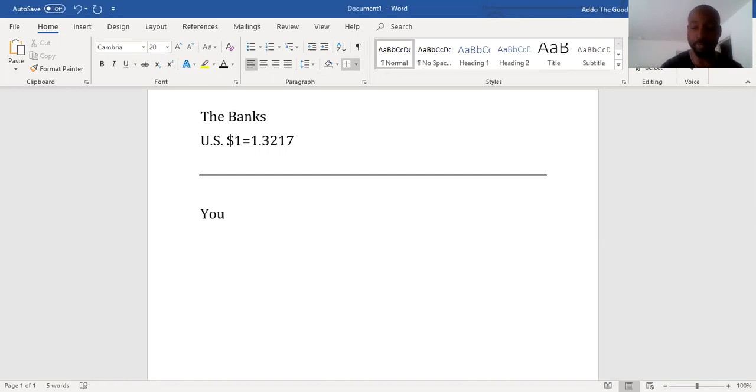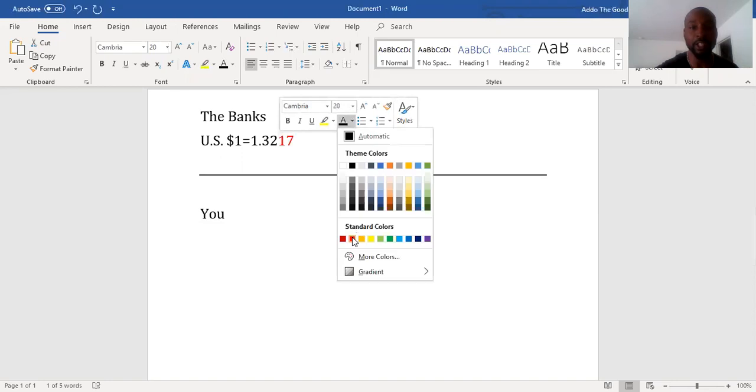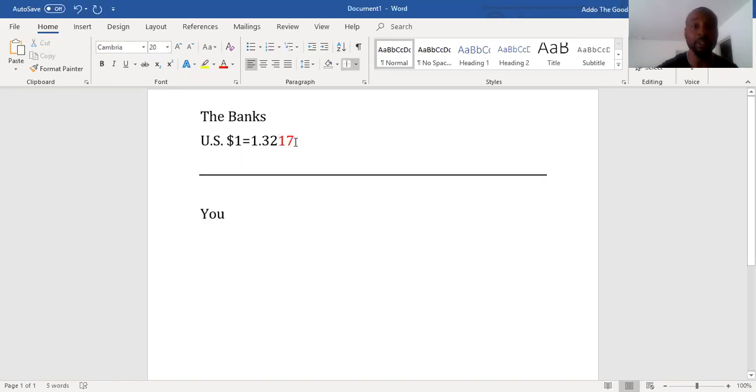This is how the banks are playing. The banks are saying, guess what? For every time the Canadian dollar moves 1/10 of a point, because this is $1.32, and these are some fractions of a cent. These fractions of a cent, like I said, can be a pretty penny to you. I'm highlighting this so you can pay attention.